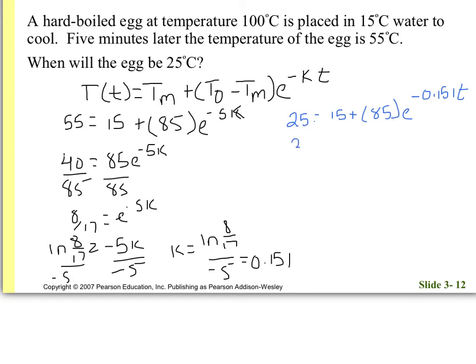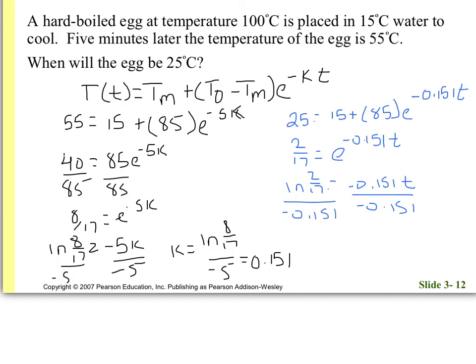2/17. So you get 2/17 equals e to the negative 0.151 t. Take the natural log of both sides to cancel out the e. Divide by the decimal.